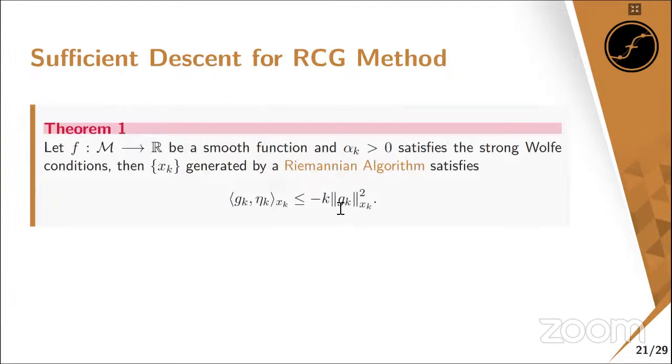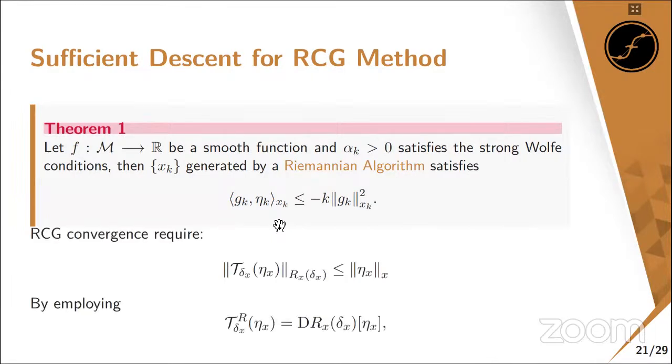In order to show the sufficient descent condition, that is to ensure that indeed the direction followed will lead us to the minimizer, we require this theorem given by theorem 1, whereby what this theorem is always doing is that it's trying to show us that indeed we are minimizing.